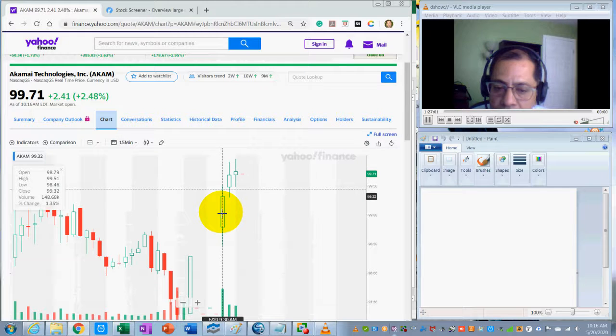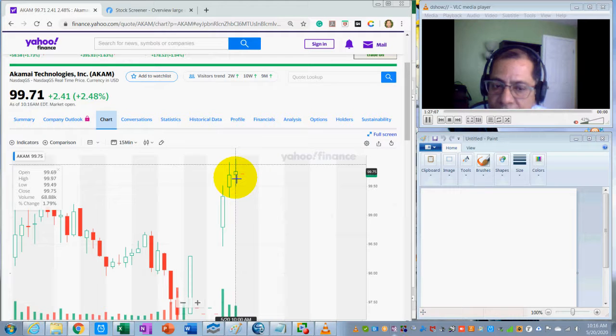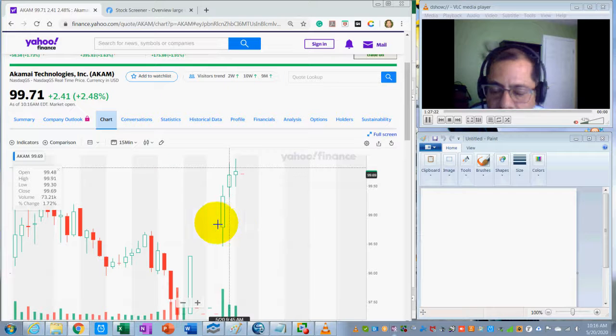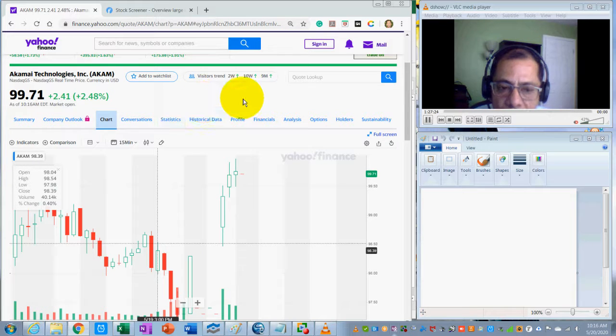You see, here the closing price was 99.32 and here the closing price is 99.75. It took a high of 99.97. So this is a pretty decent scalping area for trading strategies which would probably be on an intraday scale. So having said that, this is what it is.